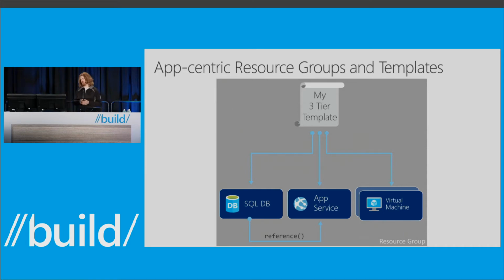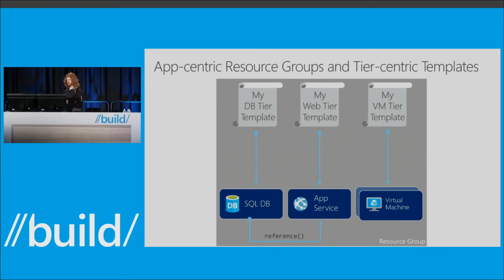So the other way that we see people do this is application-focused resource groups, where a resource group contains all of the resources associated with a given app. However, they create tier-centric templates. And so in this case, what you'll see is rather than having one template like we had in the last example, we have three templates, where we have a template for database, a template for web, and a template for the VM tier, okay?